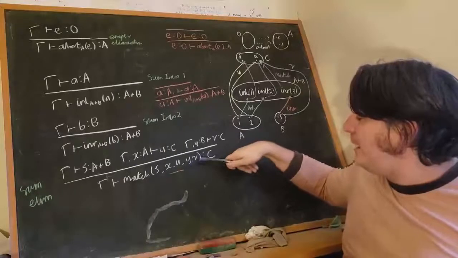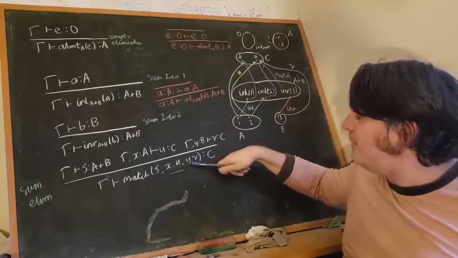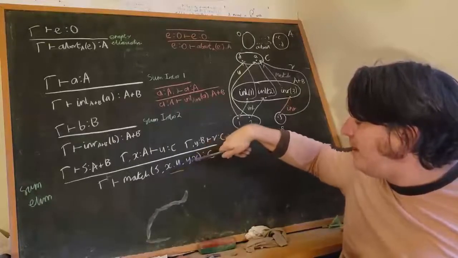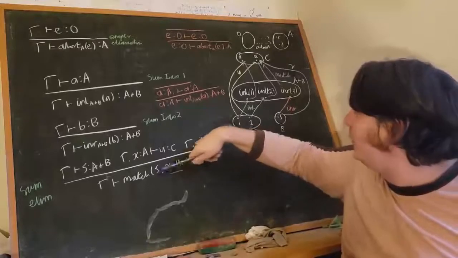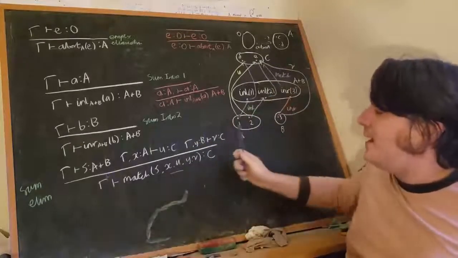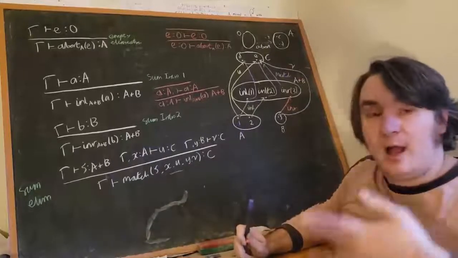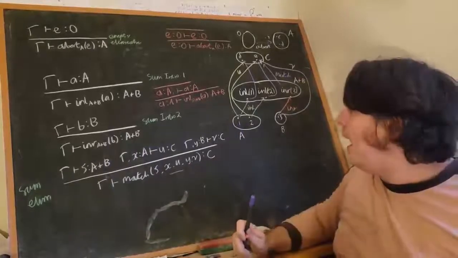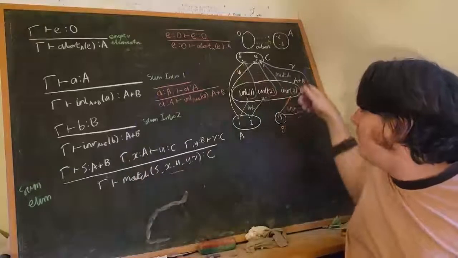And in a similar way, this V here depends on this Y. And so we need this information in our inputs, and then this match will work appropriately. We can't really see that yet. We need to get onto the equational theory of these coproducts later.